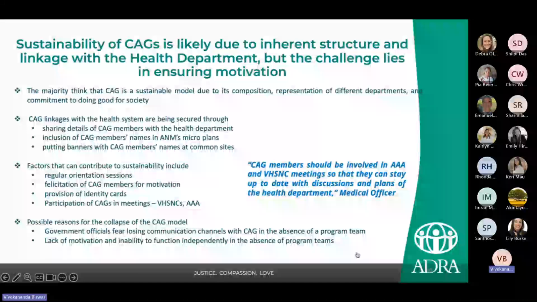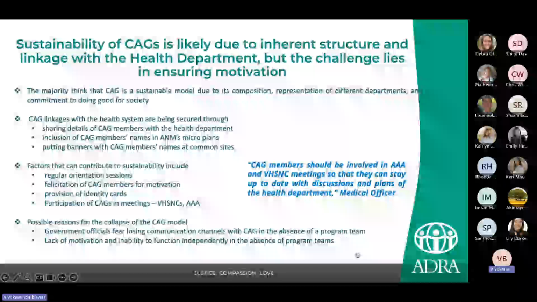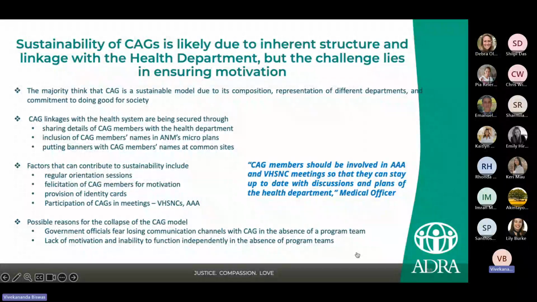And this model we implemented since 2020, and the biggest question for us was its sustainability and scalability. So our study had a dedicated section to identify the sustainability of this model.